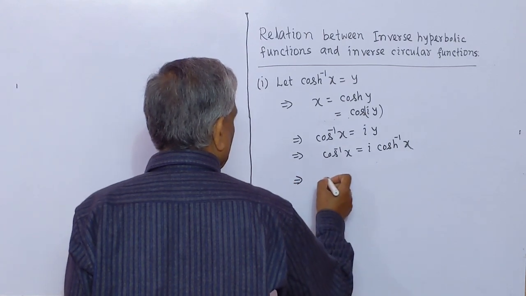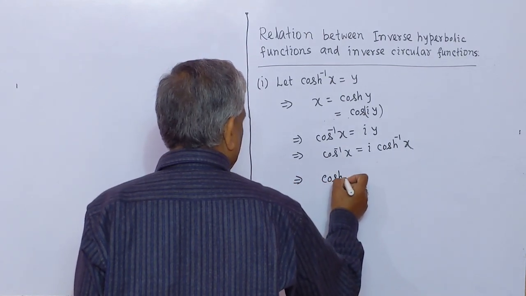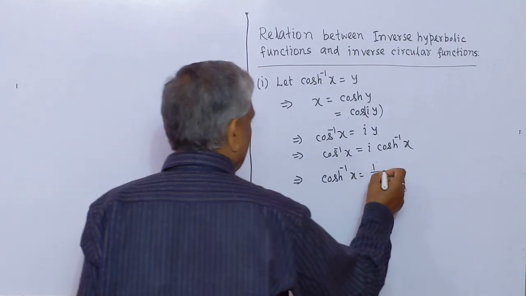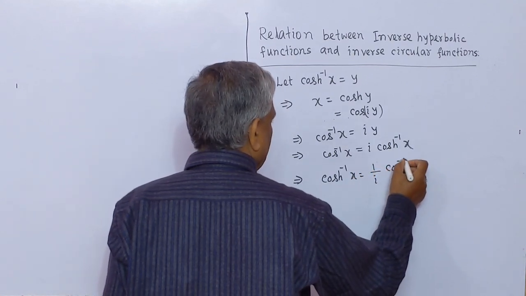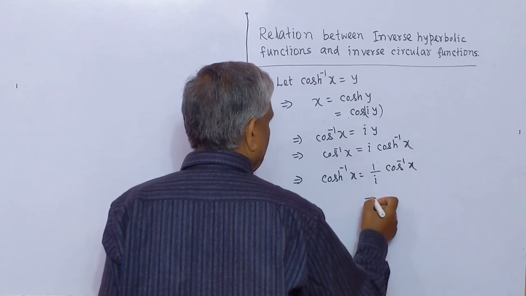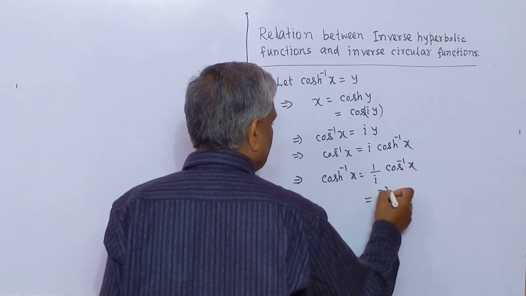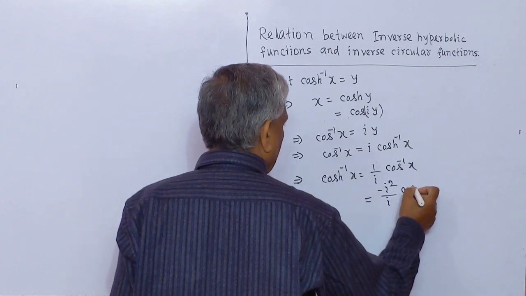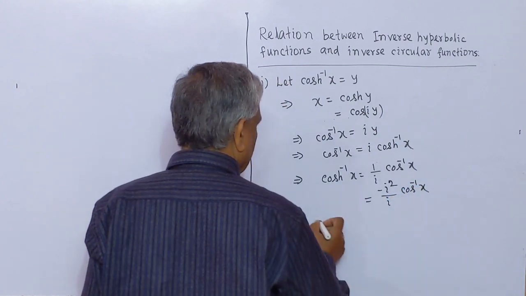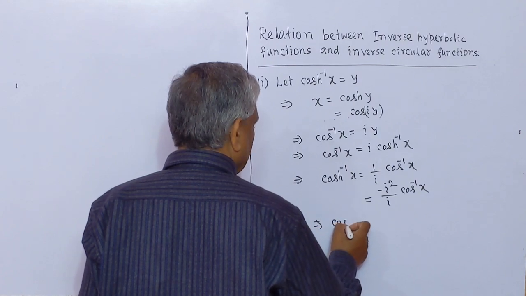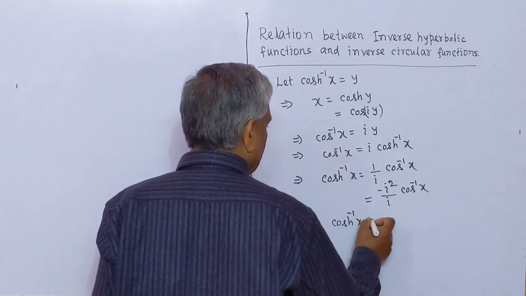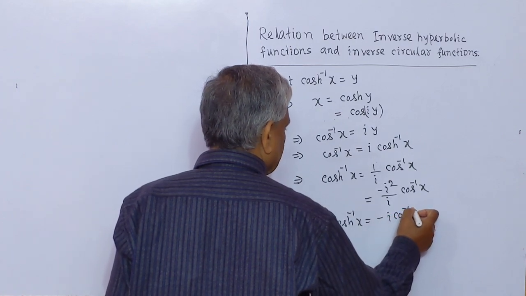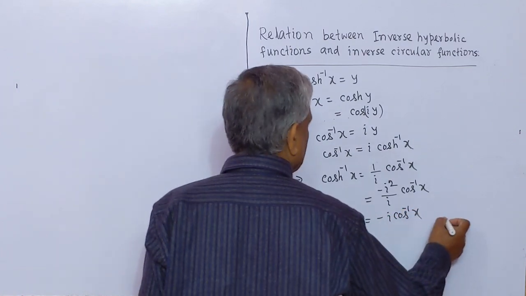Hence cos hyperbolic inverse x equals 1 by i cos inverse x, and 1 by i means minus i squared by i, so cos hyperbolic inverse x equals minus i cos inverse x. This is number 1.